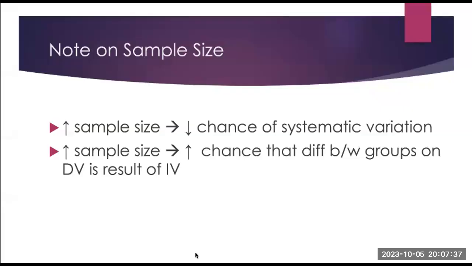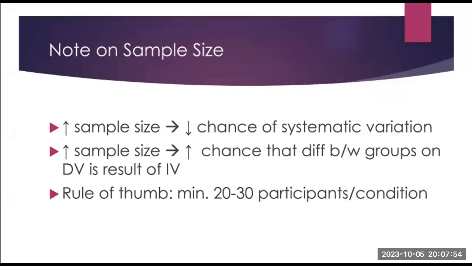So again, the larger the sample size, the lower your chance of systematic variation, and the higher your chance that you're actually going to find a difference between the experimental group and control group on the dependent variable. So as I mentioned, the rule is about 20 to 30 participants per condition that you're interested in.